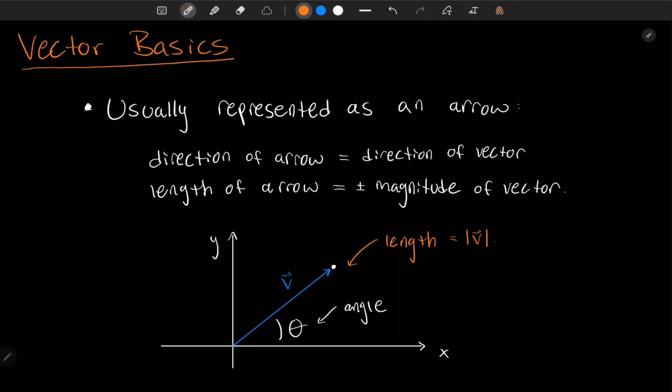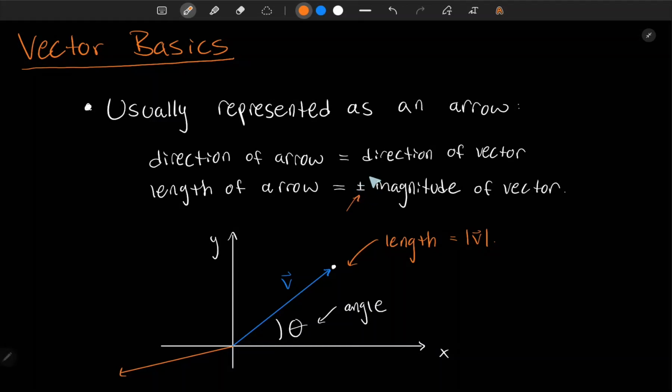And this plus or minus sign here is just a technicality, because if you had a vector that pointed in the negative direction, then you might say that the magnitude is negative, or that the length is negative, but the magnitude of the vector is positive.